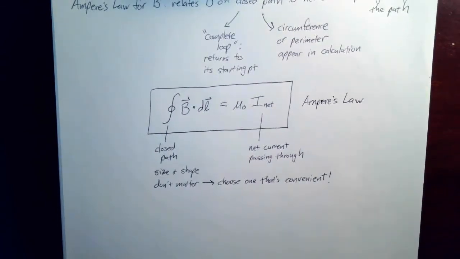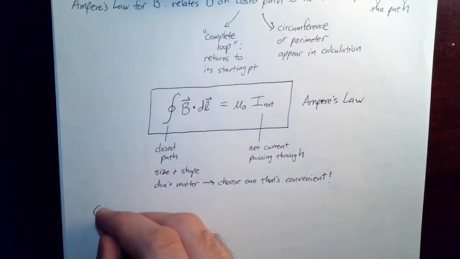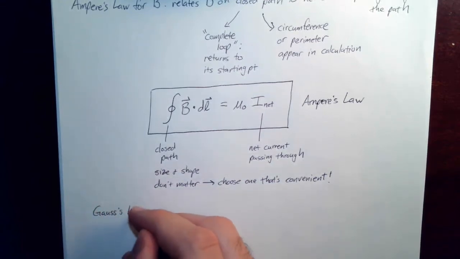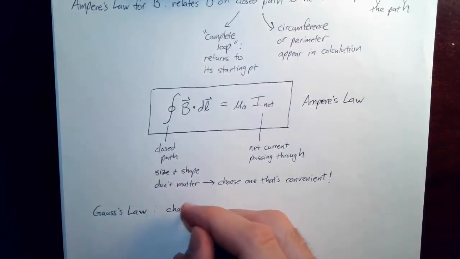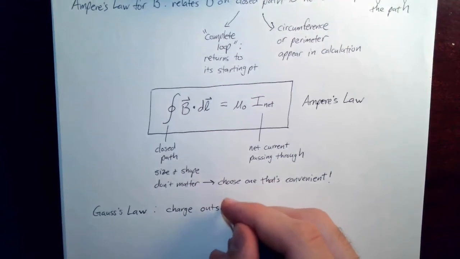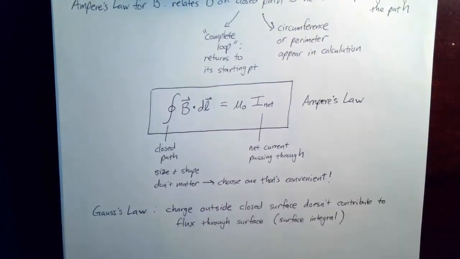Okay, and then I want to point out another parallel between this and Gauss's law. So with Gauss's law, remember that any charge that appeared outside the surface, outside of the closed surface, did not contribute to the flux through the surface. And remember, to find the flux through the surface, we were integrating over the surface, so we call that a surface integral. We were integrating E.dA everywhere over the surface. And so charge that is outside of the surface does not affect the surface integral.